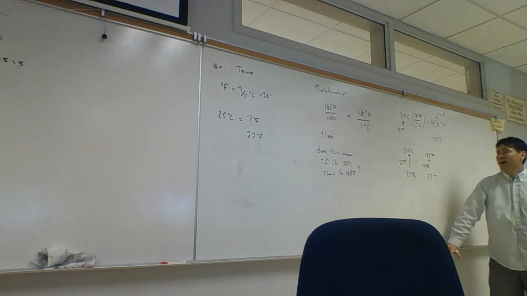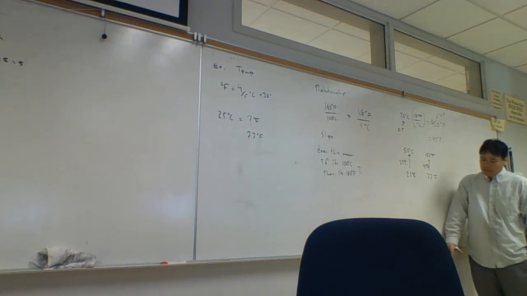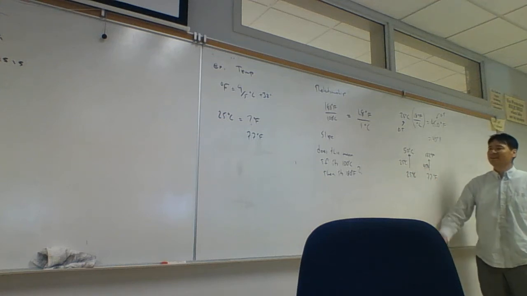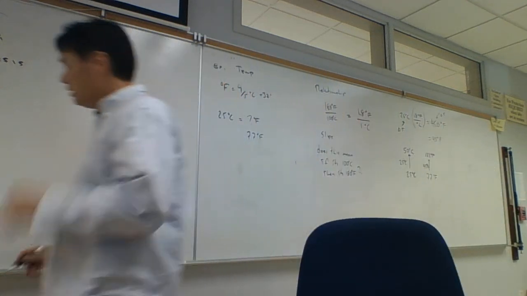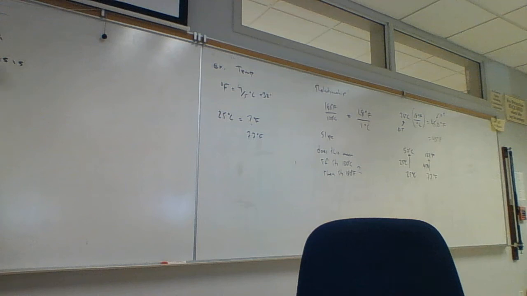But if I'm looking at a temperature like 25 degrees C, the ambient temperature, or the sample temperature, the measured temperature, if I'm looking at something like this, then I have to correct this.